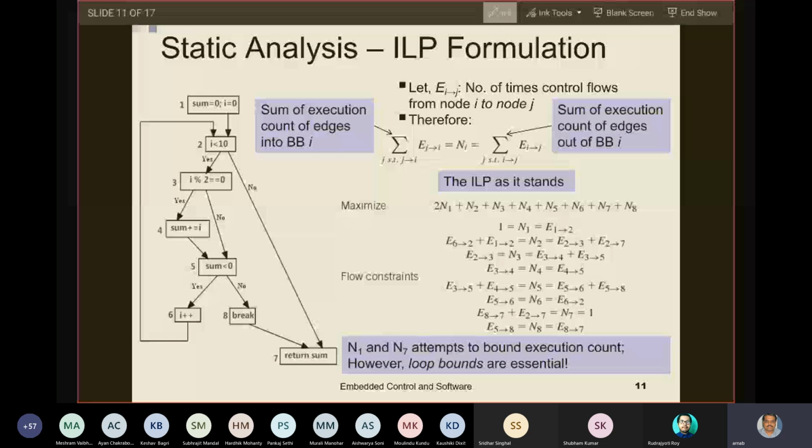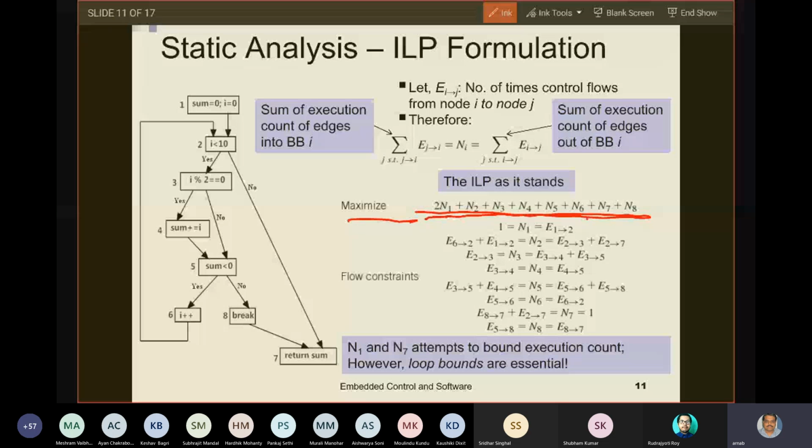Because in this simple case, only your first basic block has a worst case execution time of 2. All other basic blocks have a worst case execution time of 1. So what is the upper bound on the time? 2N1 plus N2 plus N3 plus N4 plus N5 plus N6 plus N7 plus N8. This is your objective function.